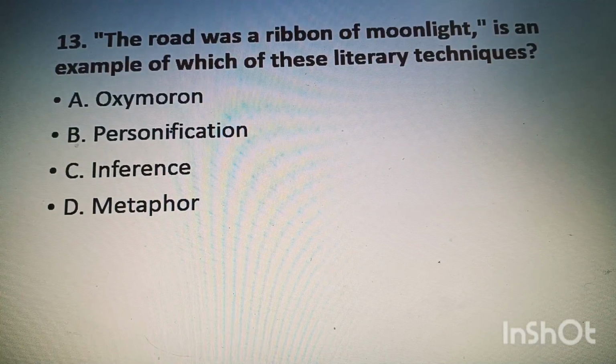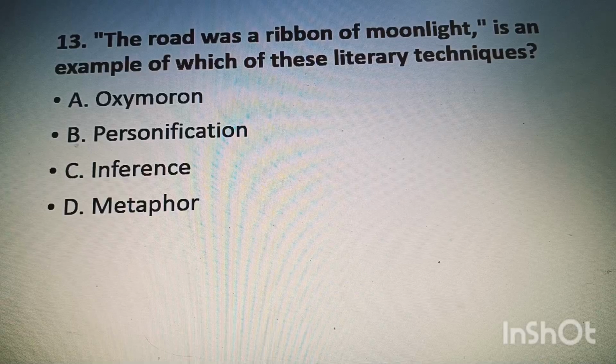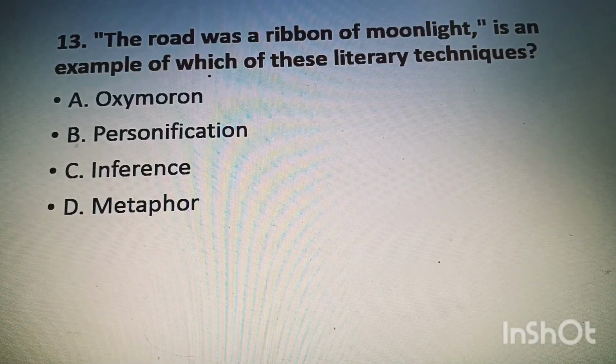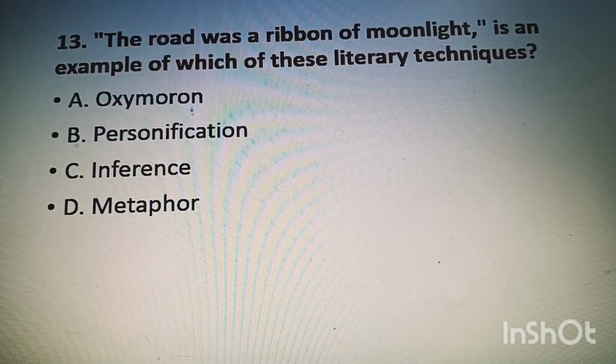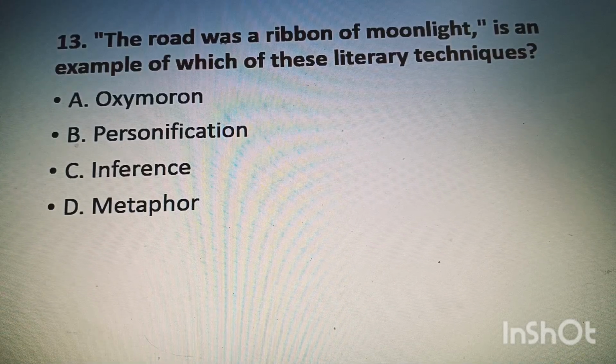Question number 13. The road was a ribbon of moonlight is an example of which of these literary techniques? So, oxymoron, personification, inference, or metaphor? Try to guess. The road was a ribbon of means comparison.